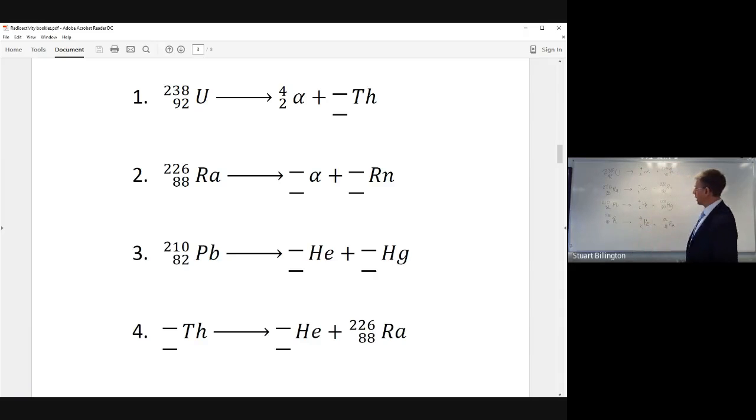Okay, third thing that I want to point out on the board. In a chemical reaction, we would call the left-hand side the reactants and the right-hand side the products. In physics, for nuclear equations, we don't really call them reactants because they're not reacting with anything.